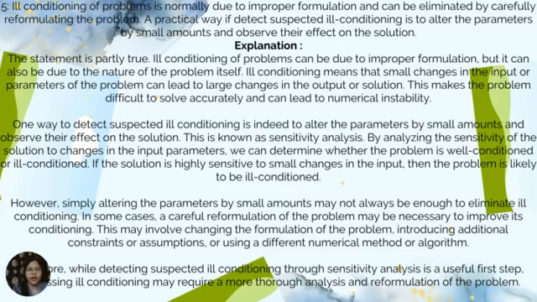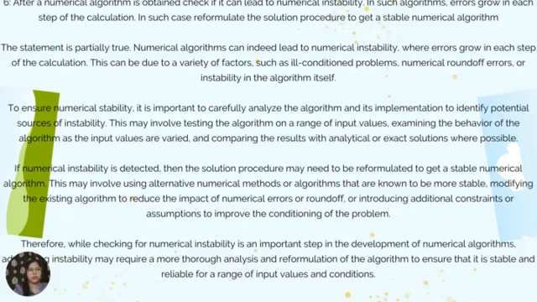However, simply altering the parameters by small amounts may not always be enough to eliminate ill conditioning. In some cases, a careful reformulation of the problem may be necessary to improve its conditioning. Therefore, detecting suspected ill conditioning through sensitivity analysis is a useful first step. Addressing ill conditioning may require a more thorough analysis and reformulation of the problem.